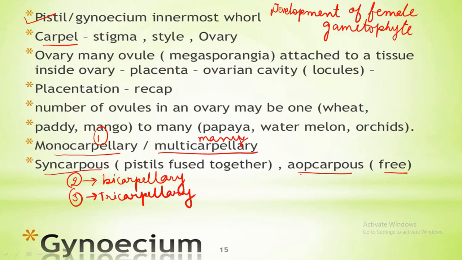Syncarpous, that means fused pistils or carpels, is observed in Papaver. And free is found in rose. It is also found in Michelia.